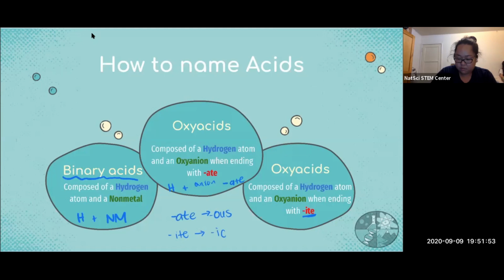If an anion has a suffix that's "ite," its acid name has an "us." And if an anion is "ate," it has an acid name with "ic." Okay, I might have mixed it up. Sorry, I was writing notes. "Ate" is "ic." My bad. So "ate," "ic," "ite," "us."